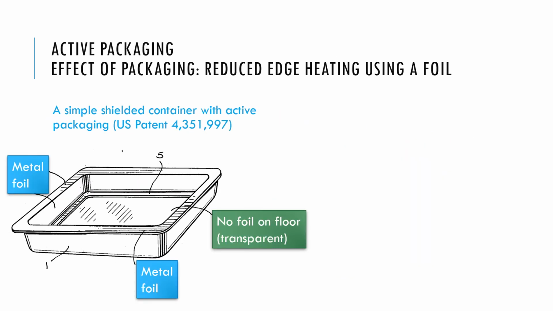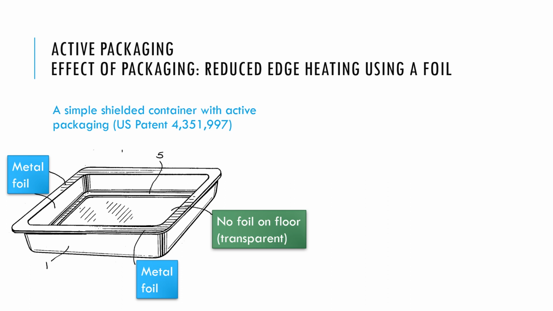One active packaging concept is to use a material such as a metal foil, such as aluminum foil, that reacts very differently to microwave to locally change the microwave pattern.